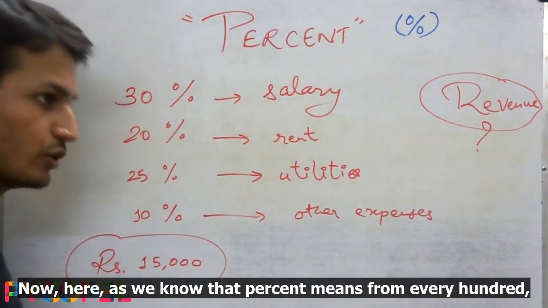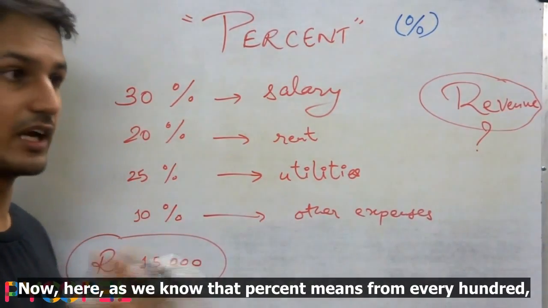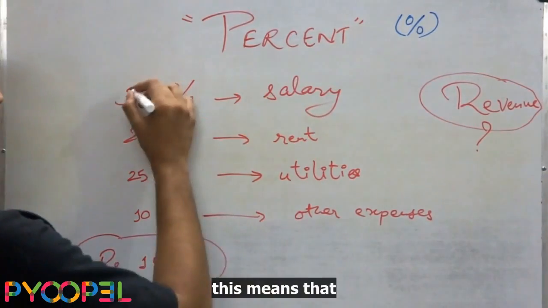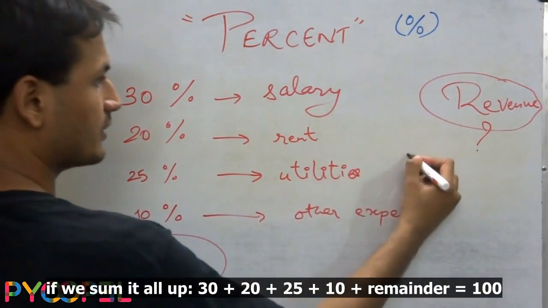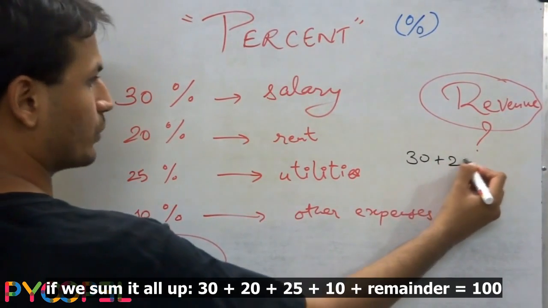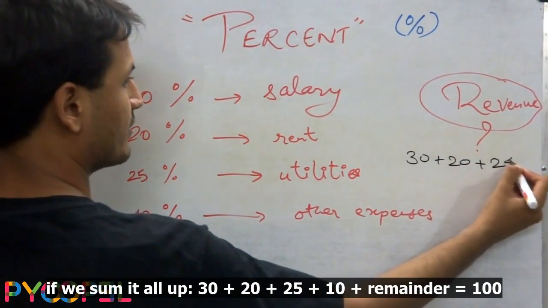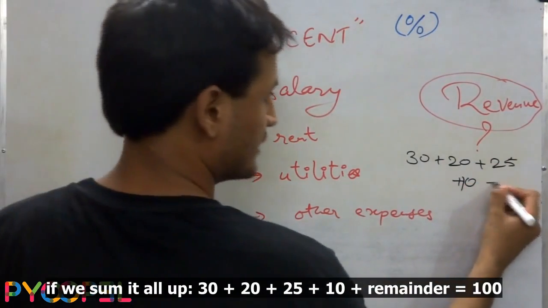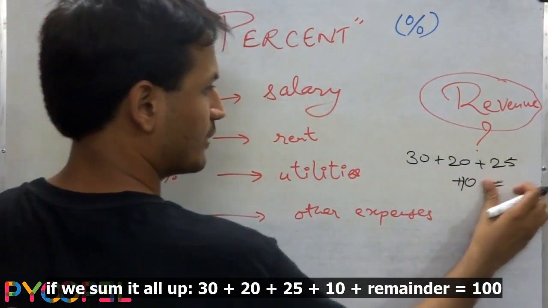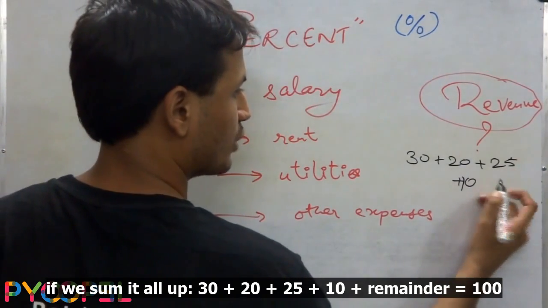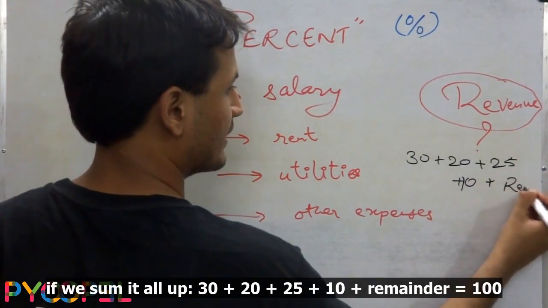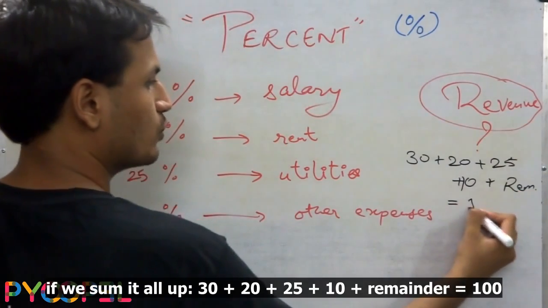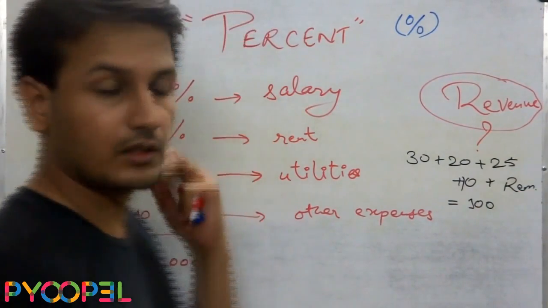Now here, as we know that percent means from every 100, this means that if we sum it all up, 30 plus 20 plus 25 plus 10, and the remaining amount, let's call it as remainder, this should be equal to 100, right?